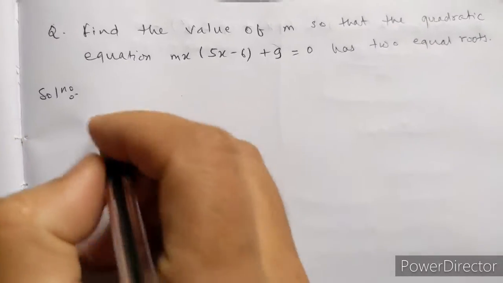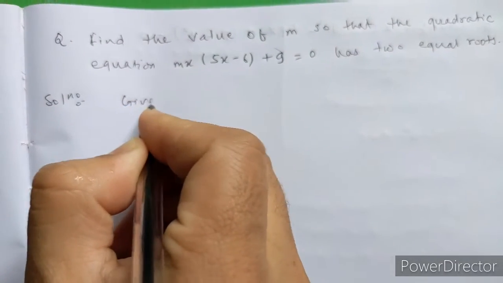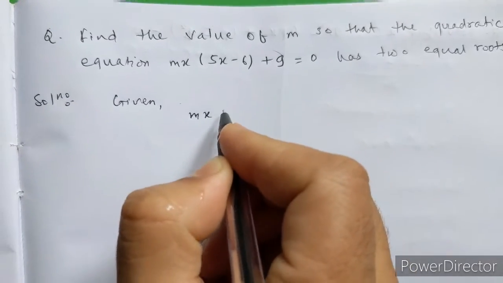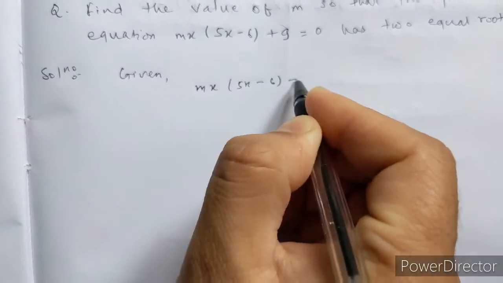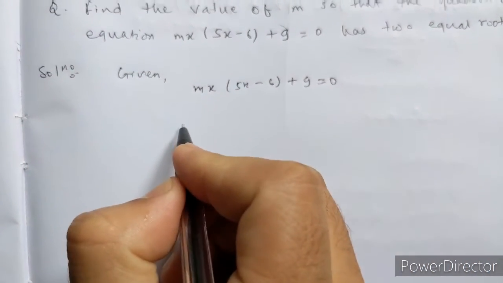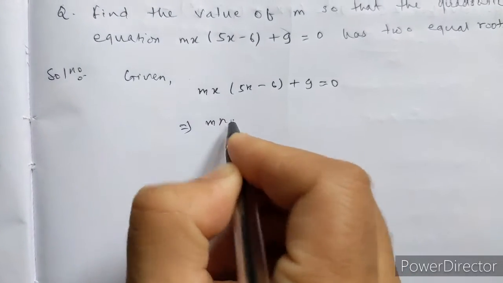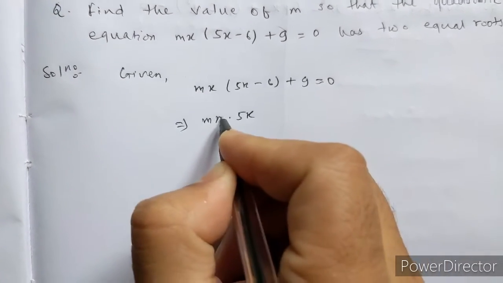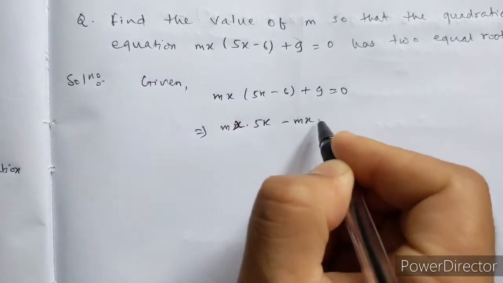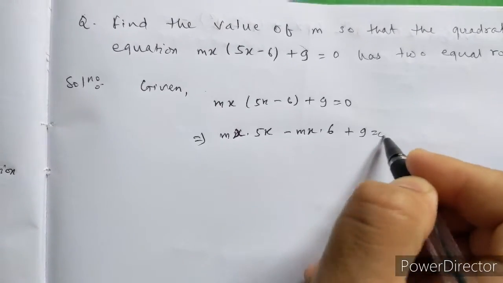Okay, so what is given? It is given the quadratic equation mx(5x minus 6) plus 9 is equal to 0. If you simplify this equation, mx into 5x, this is x, minus mx into 6, plus 9 is equal to 0.